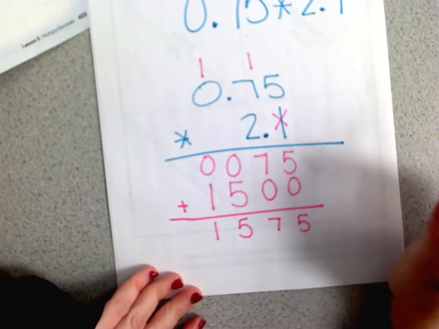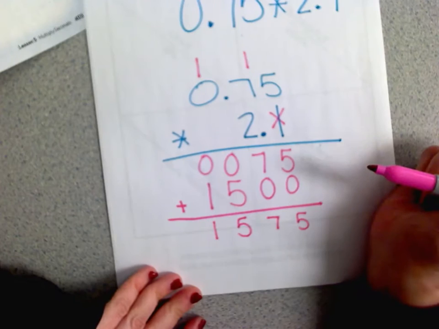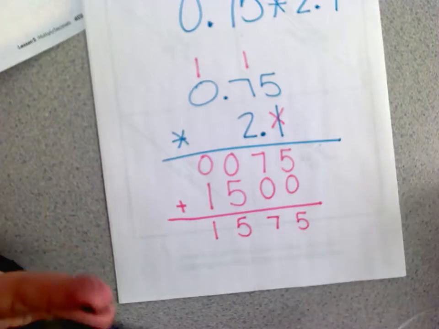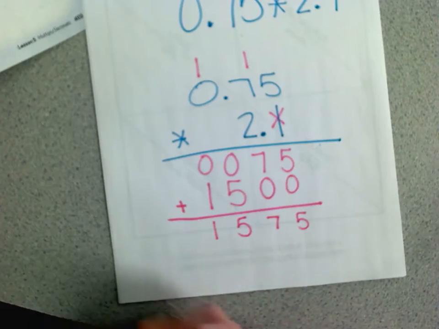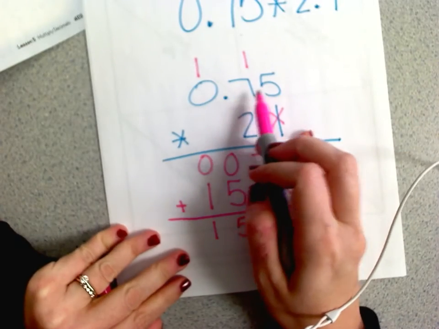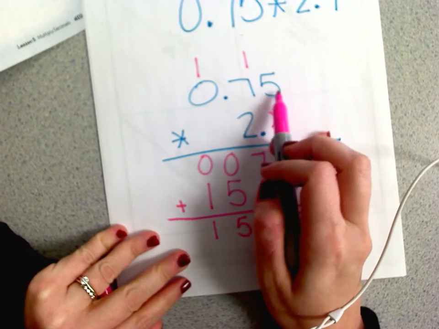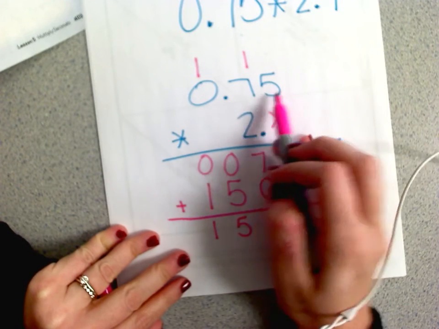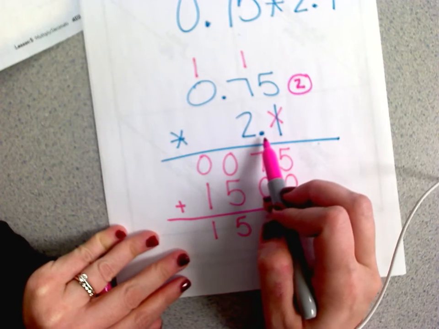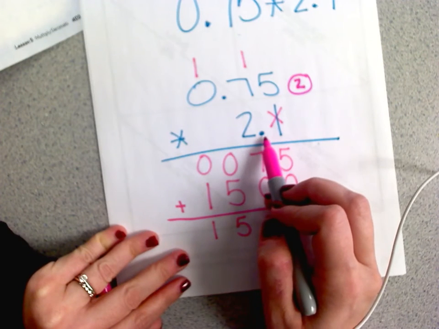Now we go back into the numbers that we were multiplying and we count how many digits were there to the right of decimal points all together. So this time we have to go line by line. Here's a decimal point. How many digits do you see after the decimal point here? 1, 2. Okay, so there's 2 there. How many digits do you see after the decimal point here?